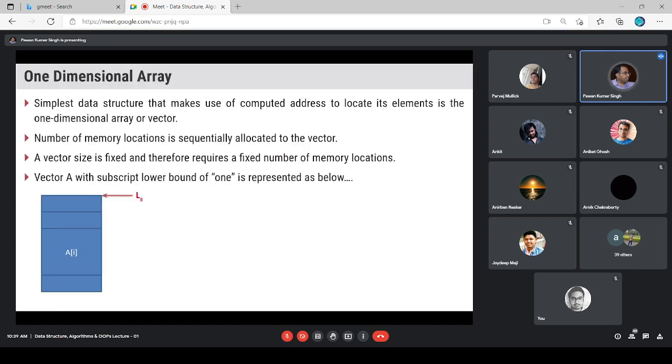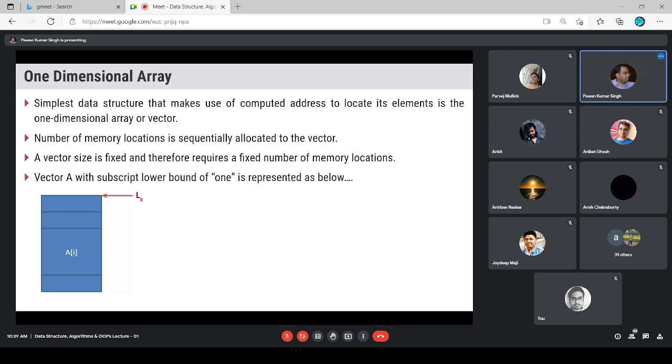1D array. It is the simplest data structure that makes use of the addresses to locate its element in a 1D form. And the number of memory locations is sequentially allocated to the vector. The vector size is fixed and it requires a fixed number of memory locations.